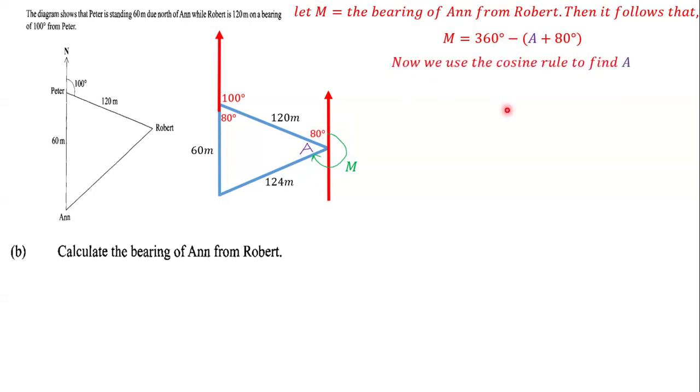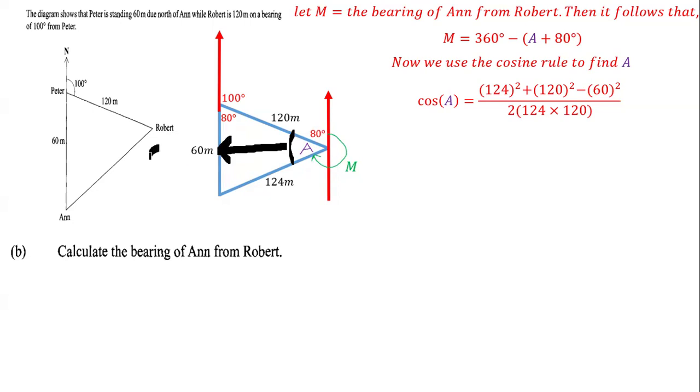We're going to use the cosine rule to figure out the size of angle A. Let's label it. This is A, and the side opposite capital A we call small a.